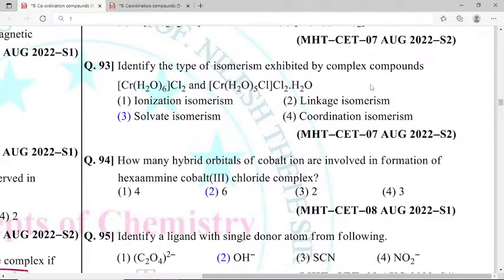Identify the type of isomerism in the complex. Water inside, water outside: this is solvate isomerism, also called hydrate isomerism.